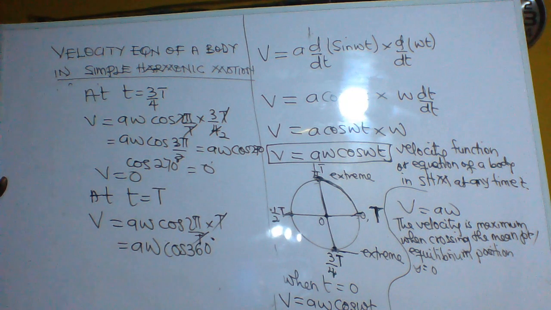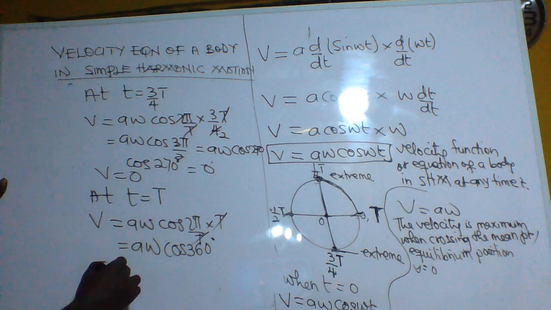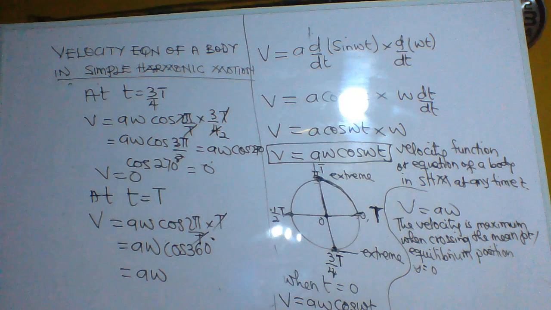And what is cos 360? Cos 360 is equal to 1. So we have v giving us a omega.